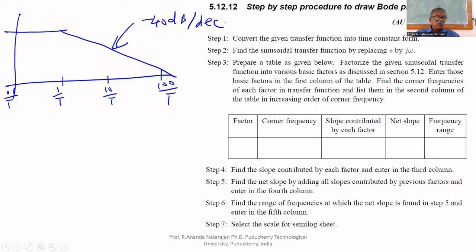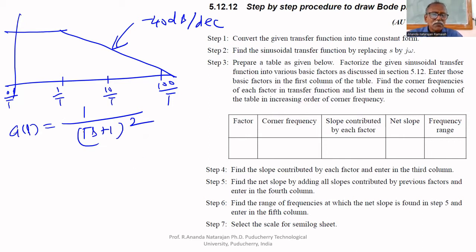That's all. This is the plot for G of s equal to 1 by tau s plus 1 whole square. Whole cube means it decreases at minus 60 dB per decade. Whole power n means it decreases at minus n multiplied by 20 dB per decade.